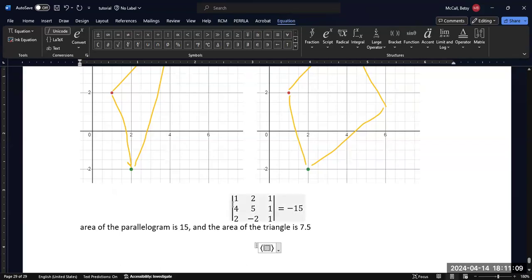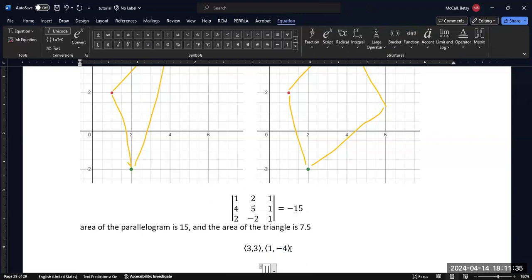So 4 minus 1 is going to be 3, and 5 minus 2 is also going to be 3. And then my second vector, I'm now going from 1, 2 to 2, -2. So 2 minus 1 is 1, and -2 minus 2 is -4.